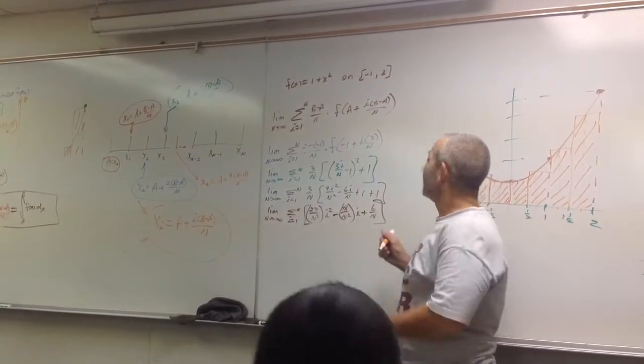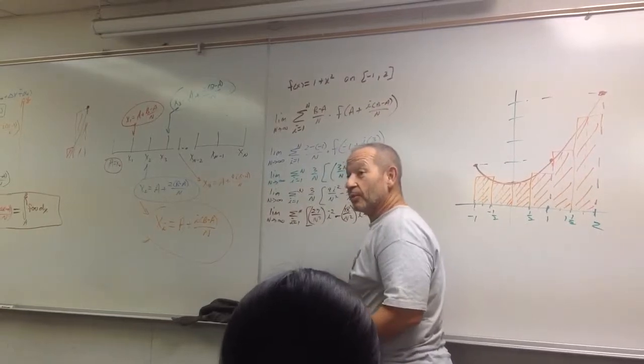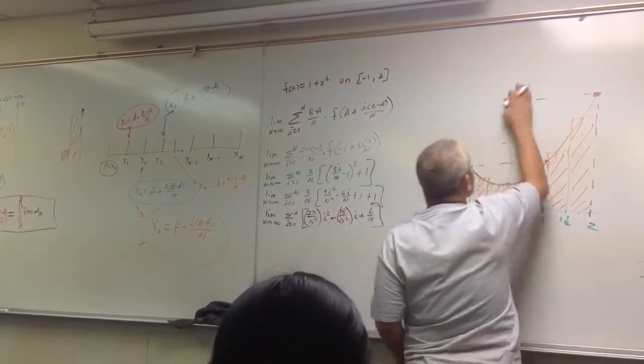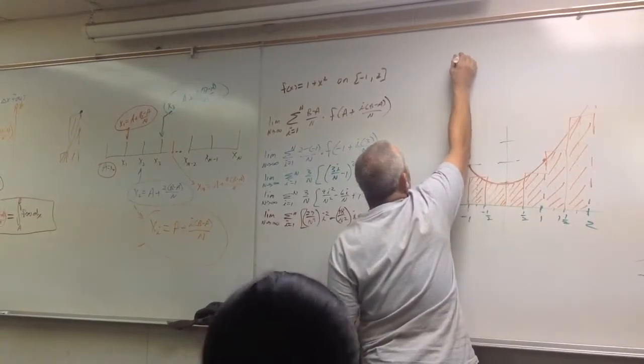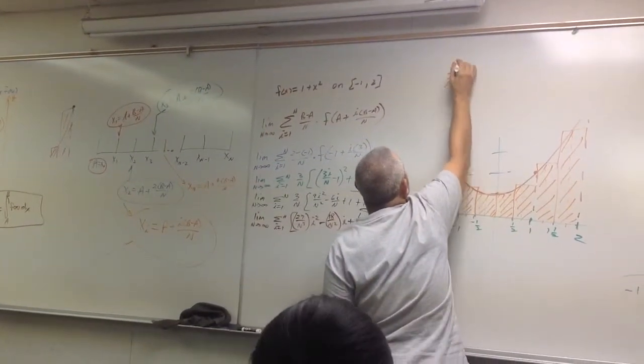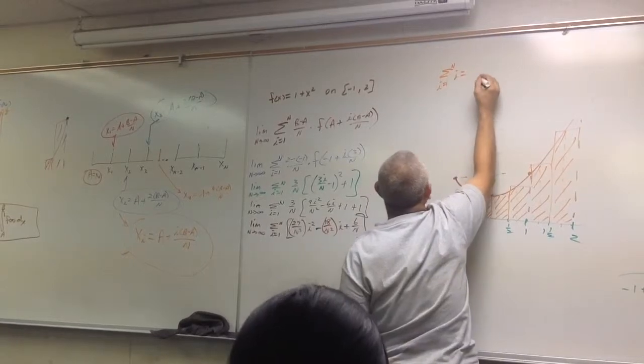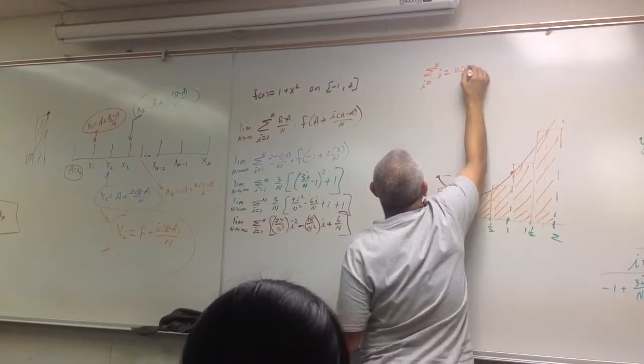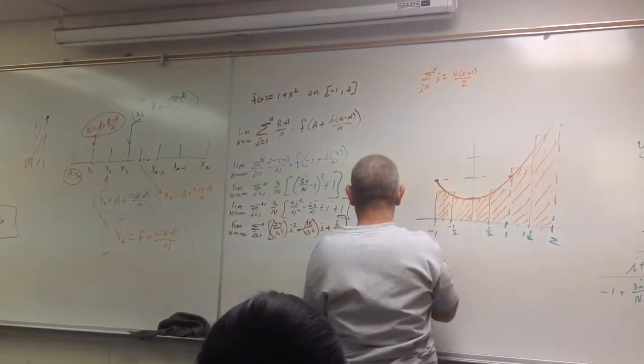Well, you guys probably remember all the rules of summation from your college algebra days. I've already told you this. The sum from i equals 1 to n of i, what was that? n times (n plus 1) over 2.